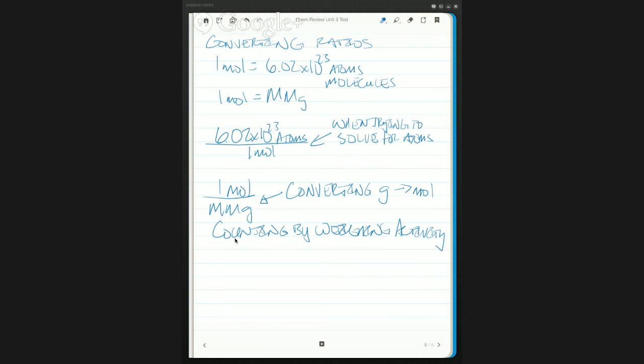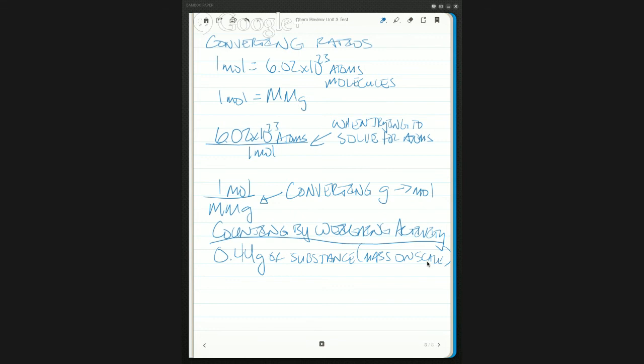Okay, so the counting by weighing activity, and you did this. You were given a problem that said you have 0.44 grams of a substance. You massed it out on a scale, and that's what you had. And so it said 0.44 grams.